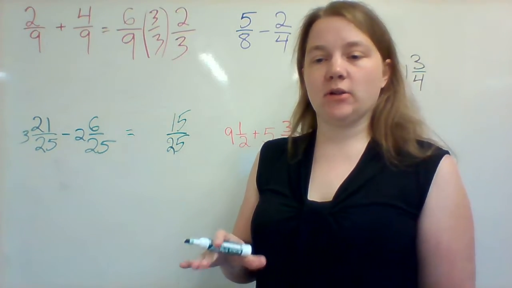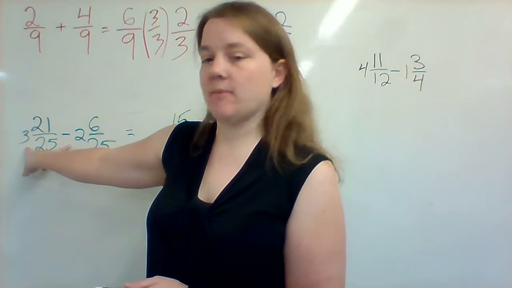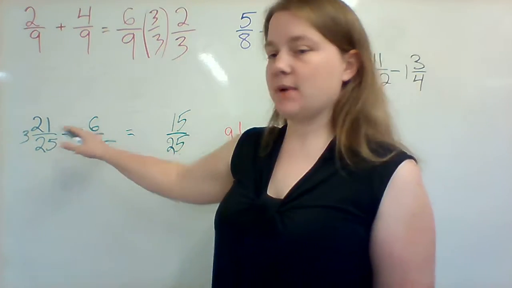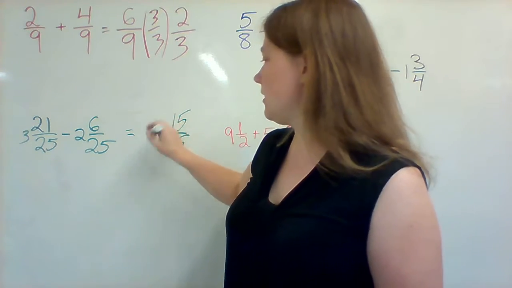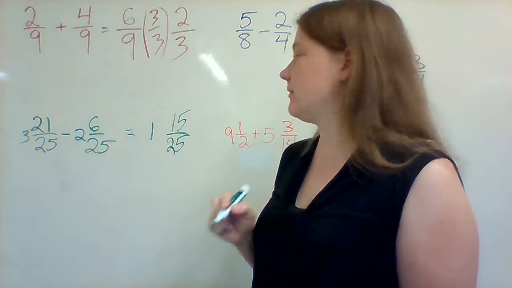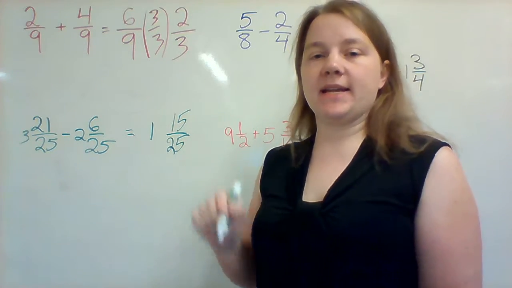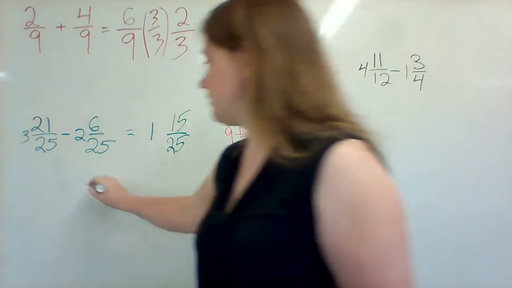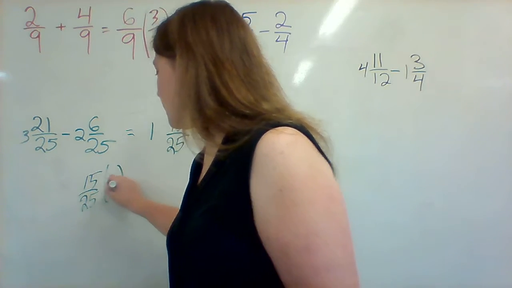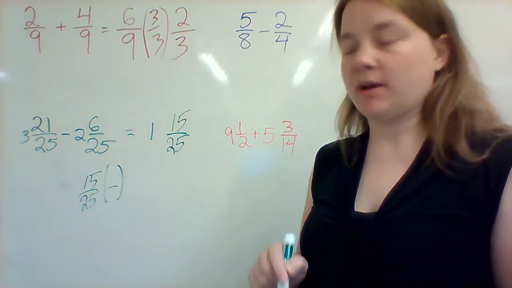And then I'm going to take a look at the whole number, which I'm going to treat separately. So I have a 3 and a 2 there, so 3 minus 2 is 1. And my answer looks like 1 and 15 over 25, except I can simplify 15 over 25. And I can simplify by dividing by 5 over 5.